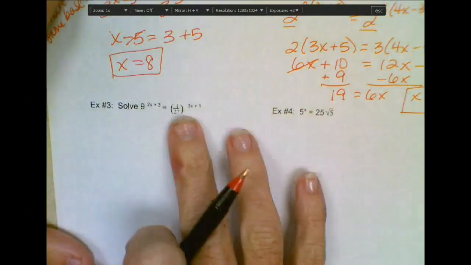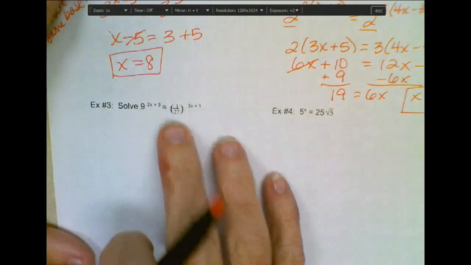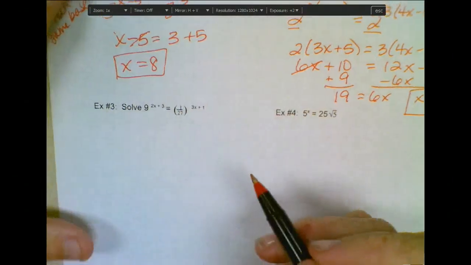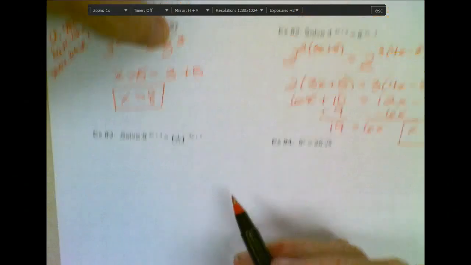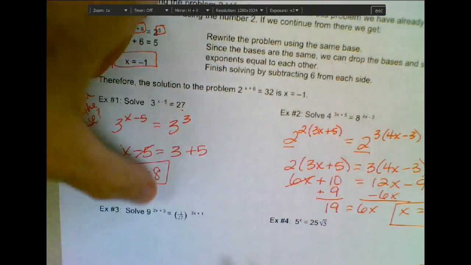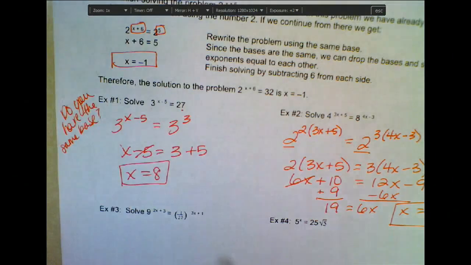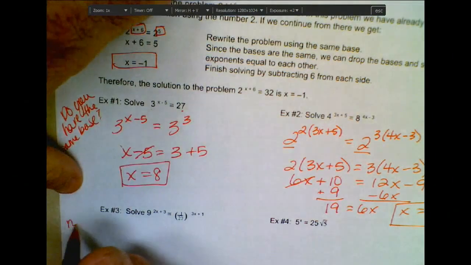Down here, it's requiring you to remember how we write that exponent. So if we know that 3 to the third up here was 27, here we've got 1 over 27. Anytime I have 1 over a number, that should click in your head that that's going to be a negative exponent.